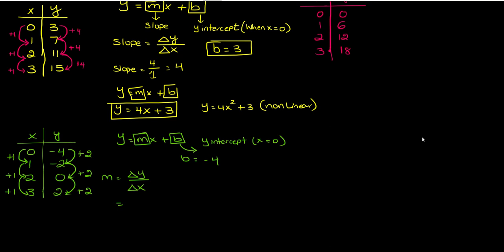Now your rate of change. What's the change in y? Whatever is written on the y side. The change in y is 2, divided by the change in x, which is 1. So 2 divided by 1 is 2. The reason I also do change in x is that sometimes teachers don't show the change in x.